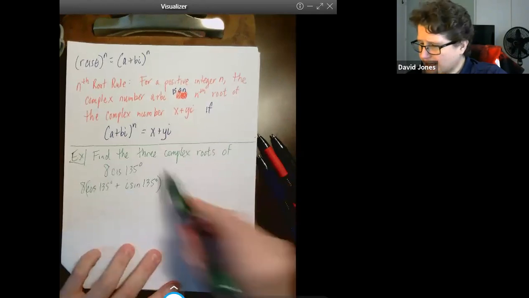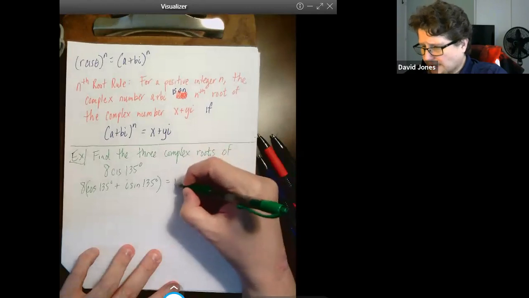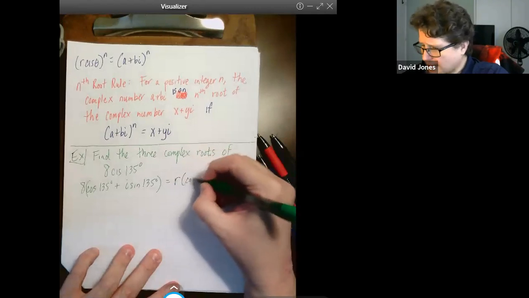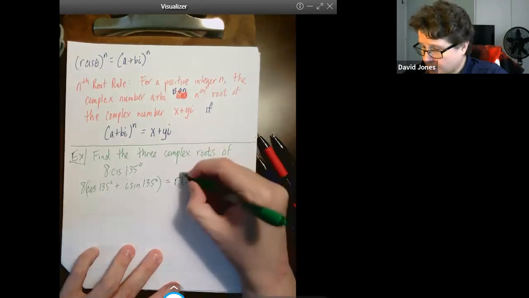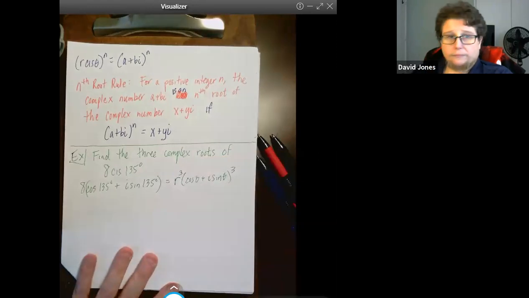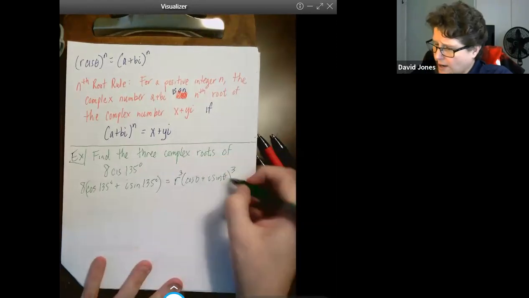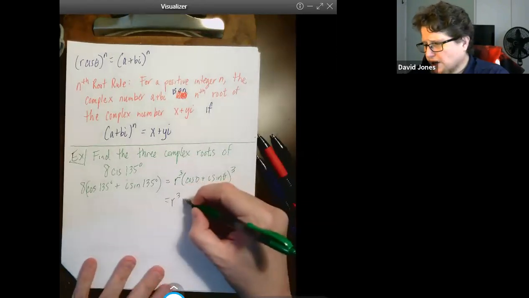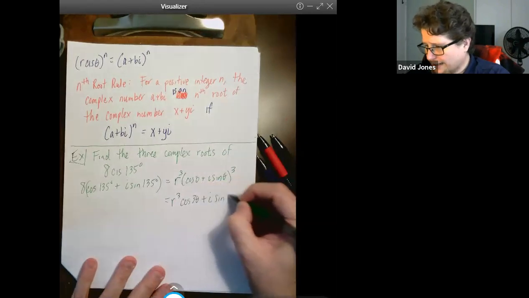And it says there's 3 roots. So this means this is r times cosine theta plus i sine theta, cubed. And we just showed that means this is r cubed times cosine 3 theta plus i sine of 3 theta.